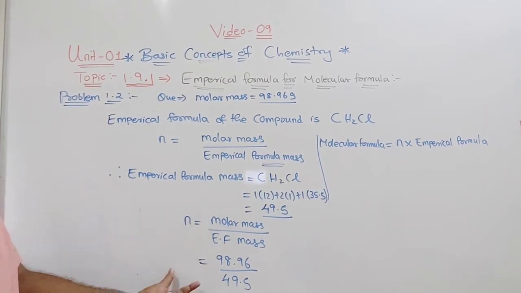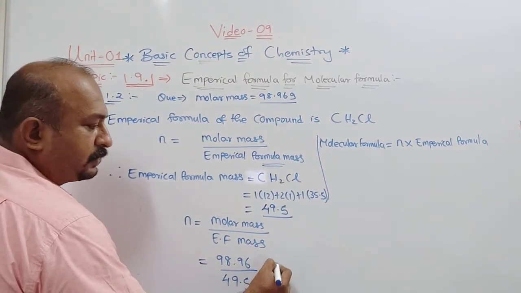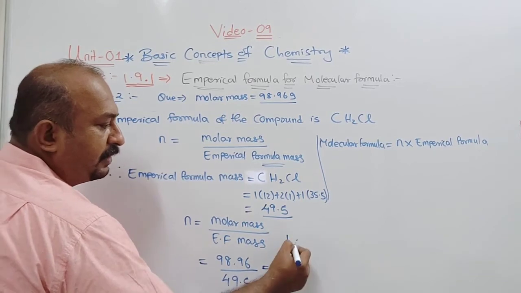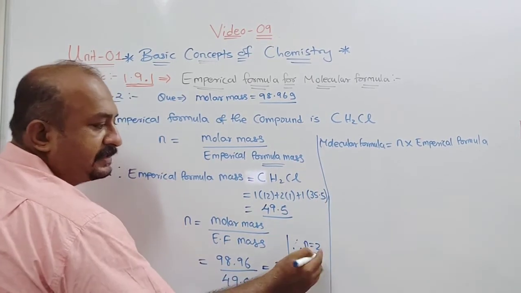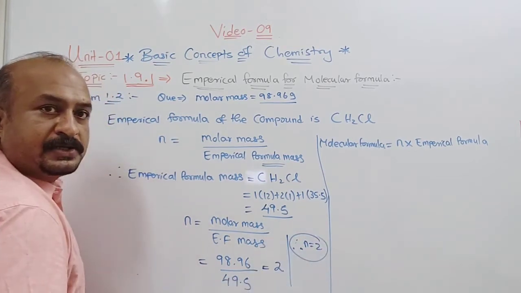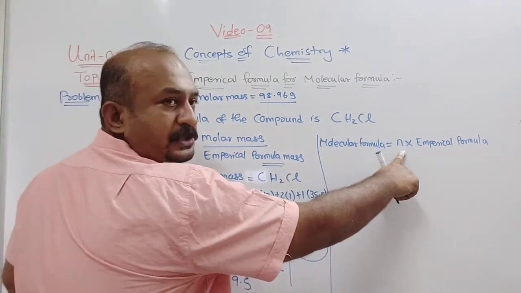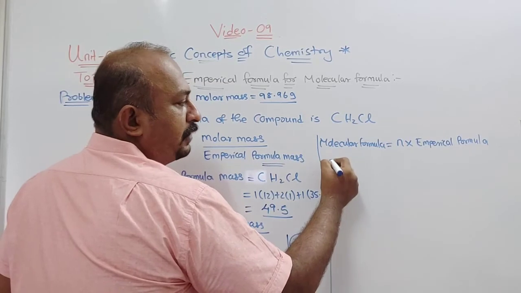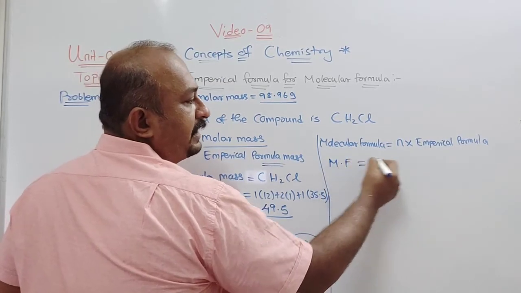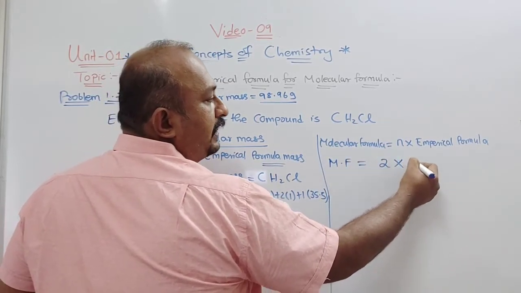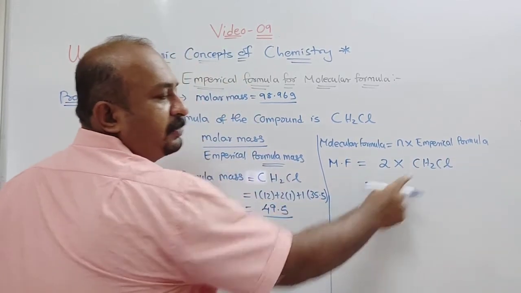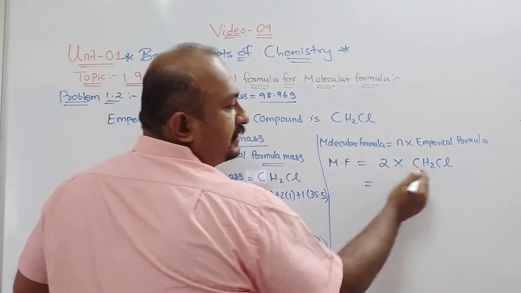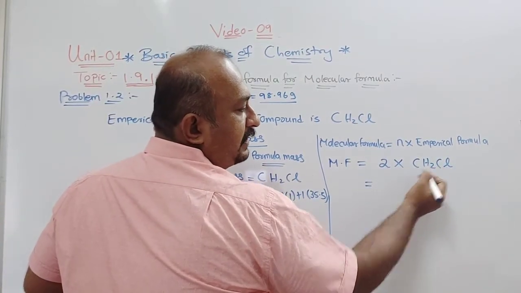If you calculate it, it will be equal to 2. Therefore n is equal to 2. Now this value will be substituted here. So molecular formula is equal to n, means 2 into the empirical formula, CH2Cl. So this 2 will multiply with each atom, so it is 1 here, 1 here and 2 here.